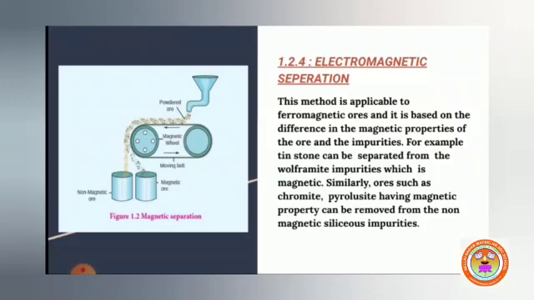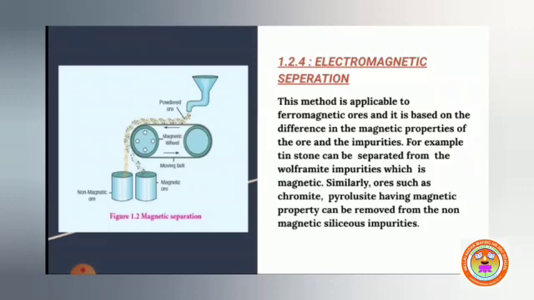Now we can see the process. The crushed ore is poured onto an electromagnetic separator. Children, the picture for electromagnetic separation is given, refer to it. The ore is first crushed to powder, then poured onto an electromagnetic separator.